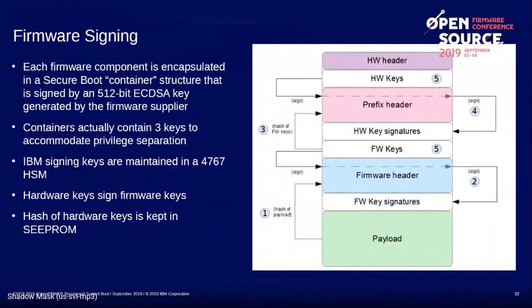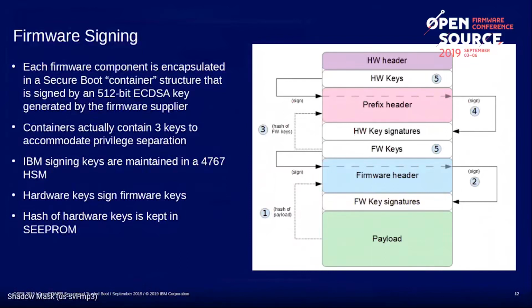I won't talk a lot about how the firmware is signed, but suffice it to say that it's signed and it's encapsulated in what we call containers, maybe the most overloaded term of the decade. But it actually contains 3 different keys that can allow for different key authorities. We maintain our signing keys in an HSM so that the signing keys can't easily escape.